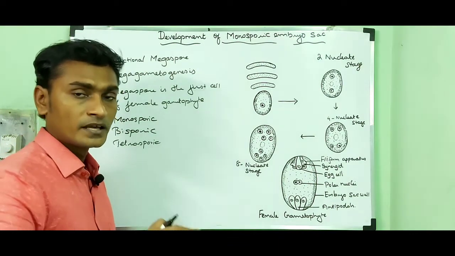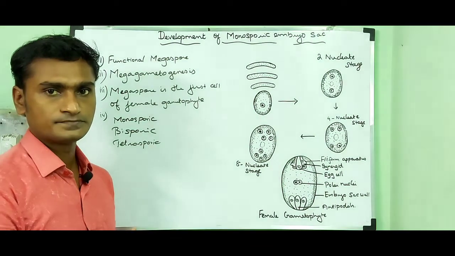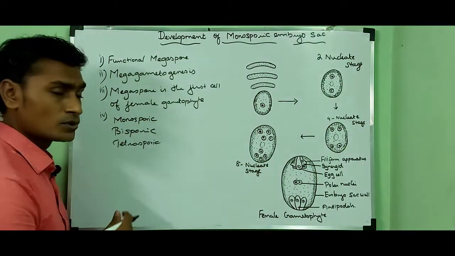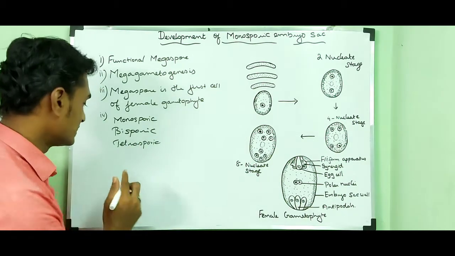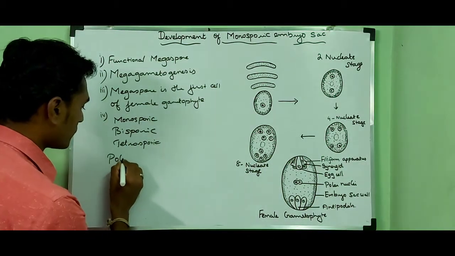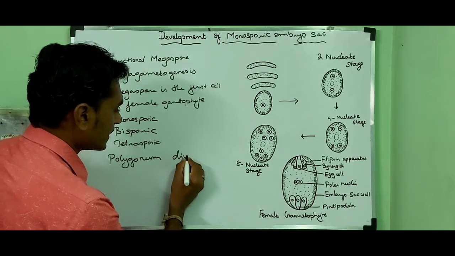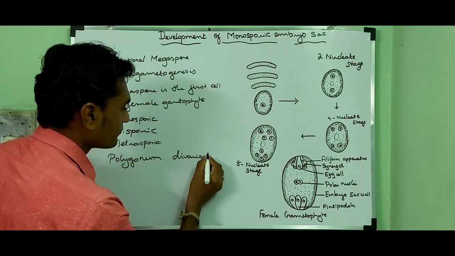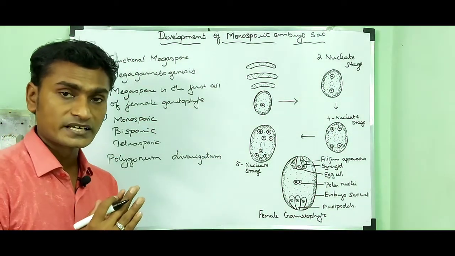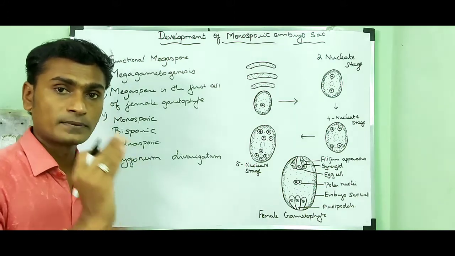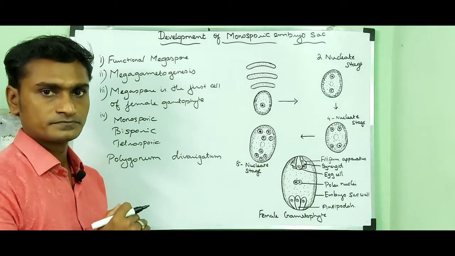In this video, I am going to tell about the development of the monosporic embryo sac. The monosporic embryo sac was first illustrated in the plant called Polygonum divaricatum.